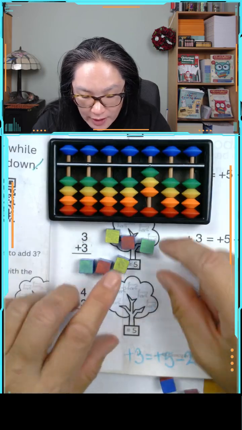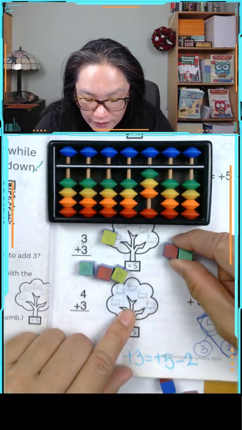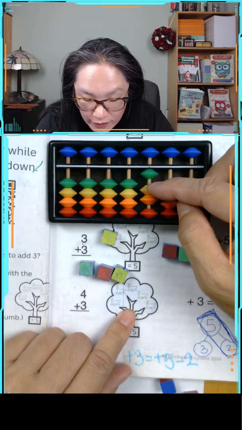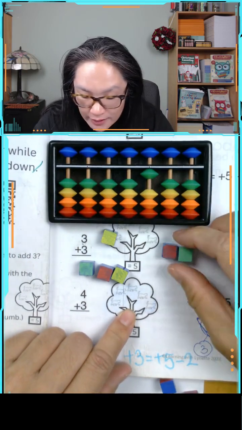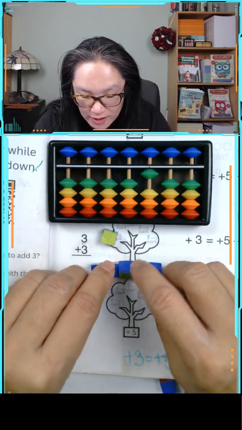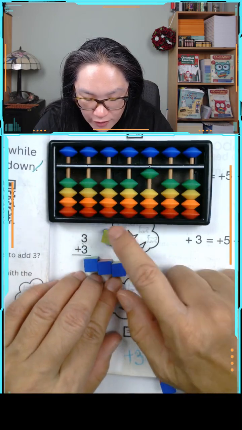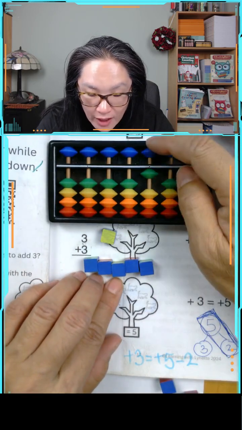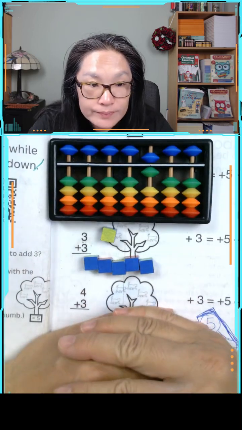Here's my 3. I need 2. The 2 comes from the previous number. So you take away from the previous number, and then you add it to the 5. So now this becomes 6. 5 plus 1 is 6.